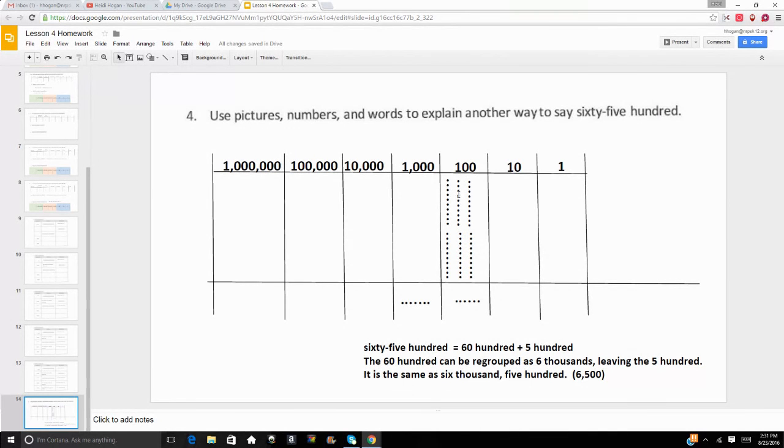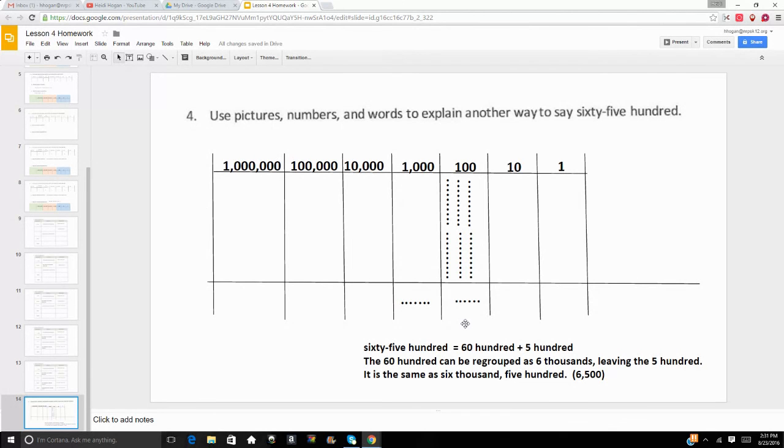And now we have 6,500, which isn't really a real word, number name, but we have 10, 20, 30, 40, 50, 60, 5,000. So these would be moved over. These would all be regrouped into the thousands place, which would give us 6,000, and we would have 5 left over.